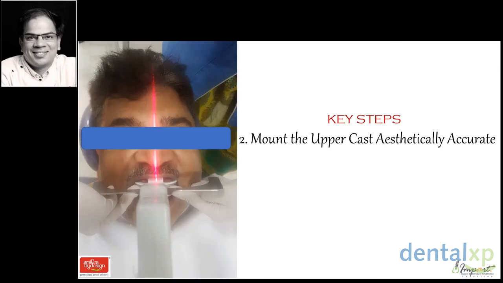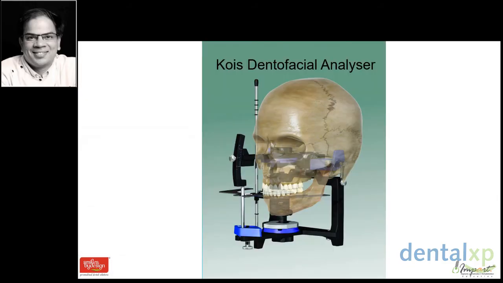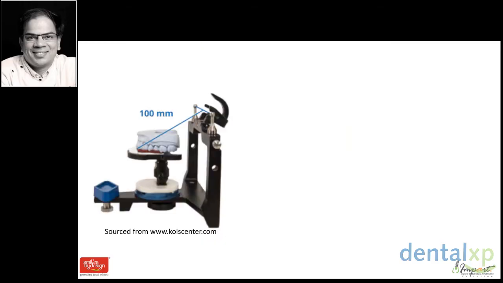Out of the 10 key steps that we're looking at, the first step was just completed, and now we are looking at the second step, that's to mount the upper cast in an aesthetically accurate position. And for this, I feel there is no simpler way to do this than the dentofacial analyzer. This particular analyzer is made for the Panadent articulator to mount the upper incisor contact point exactly 100 millimeters from the intercondylar axis.